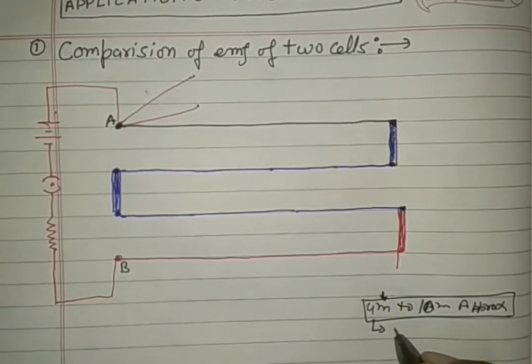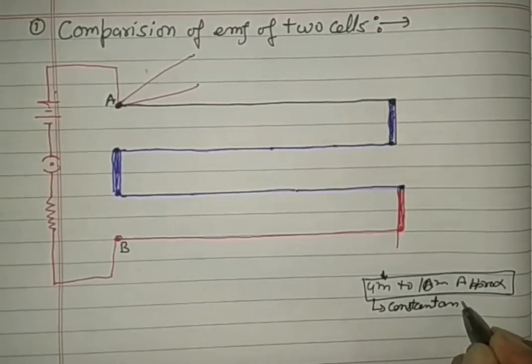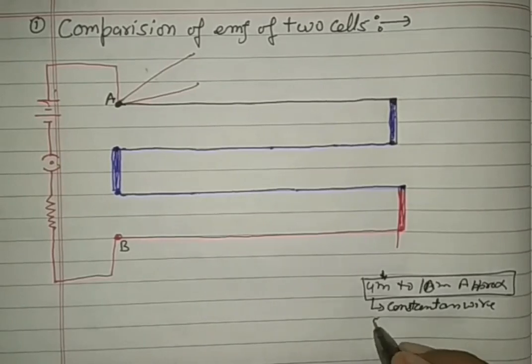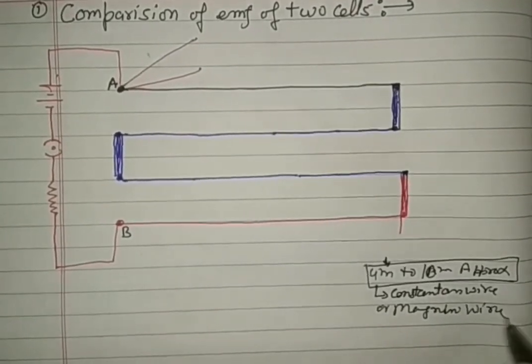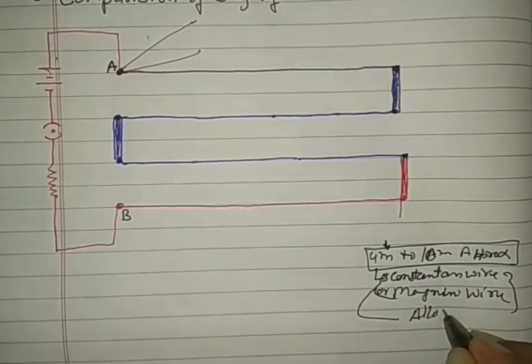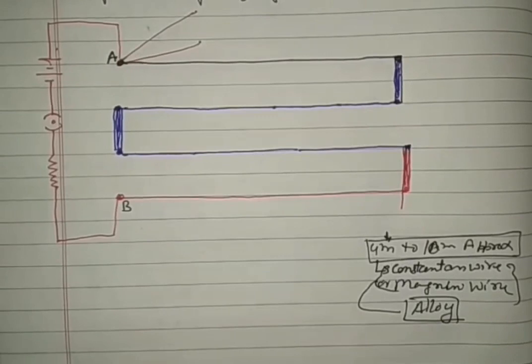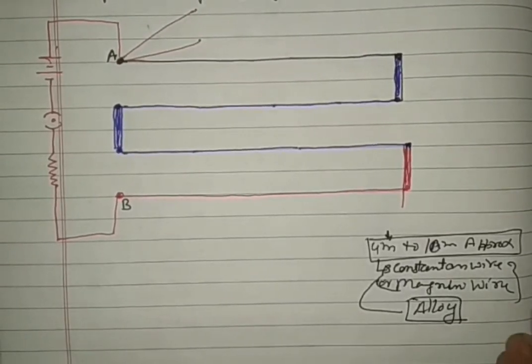This wire is normally Constantan wire or manganese wire. These are both alloys. Alloy means it is made by mixing two or more elements, metals in this case.